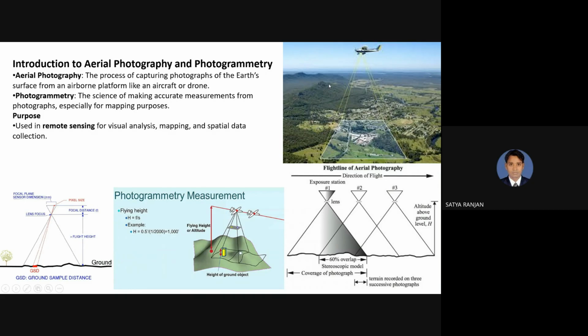That means the height is 1000 meters. That's how we can calculate the height, focal length or scale of the image. Suppose we are given the focal length and the altitude of the flight, then we can get the scale of the aerial photograph.